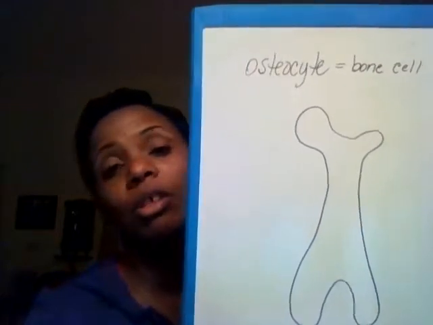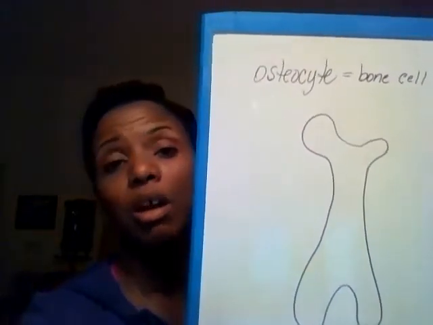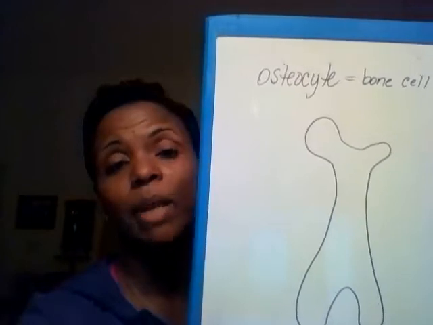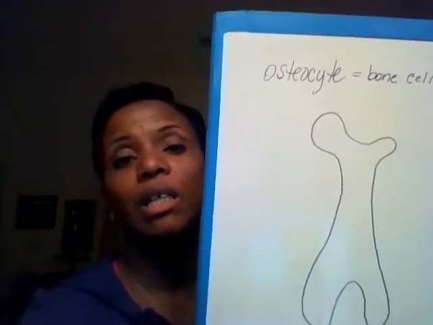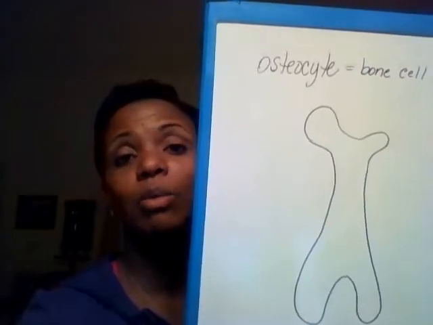The femur is actually the thigh bone. It's the largest and longest bone that we have in the body, but it's also where we can find different types of bone cells, or tissue.